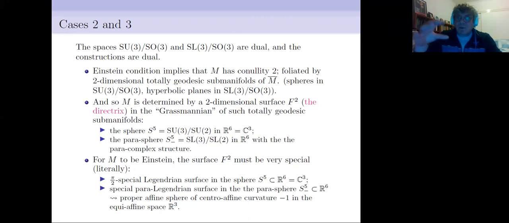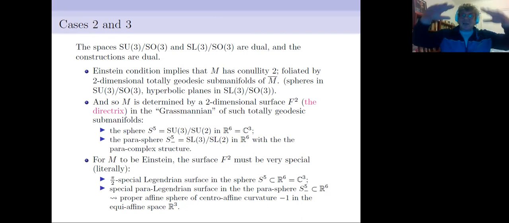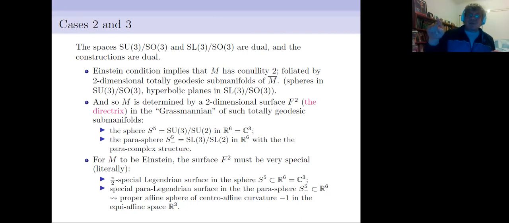So if we don't work in paralegendrian or in affine geometry on an everyday basis, this may just look like a collection of words. But on the second last slide, we'll look a little closer at this case, and we will see that this is a very nice and very beautiful geometric object. Okay, so this is a construction.